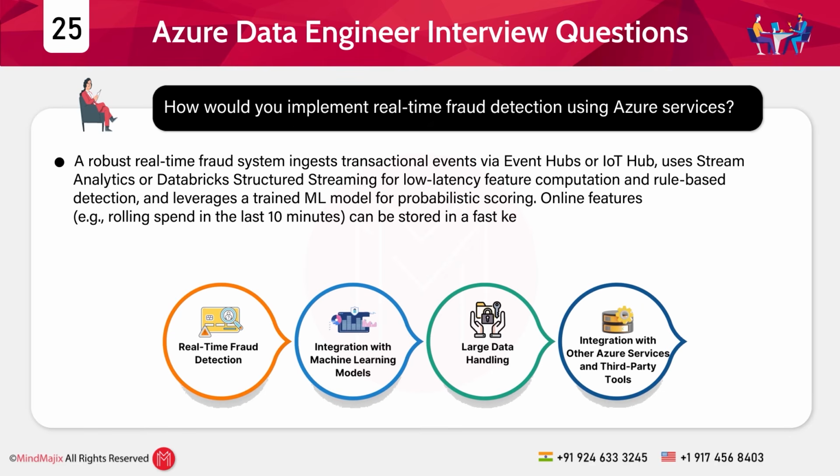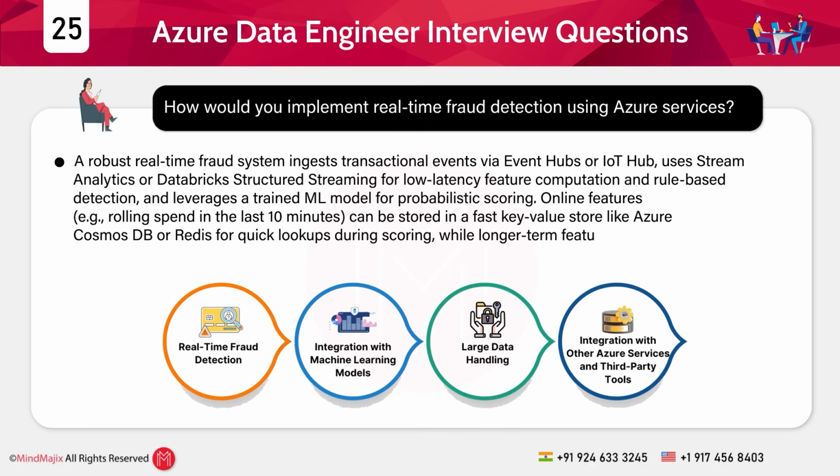So here the online features can be stored in a fast key value store like Azure Cosmos DB or Redis for quick lookup during scoring, while longer term features are computed in Databricks from the Delta tables. So when a suspicious score exceeds a threshold, you can push a message to an alerting system to create an investigation ticket and optionally block the transaction via a decision service.